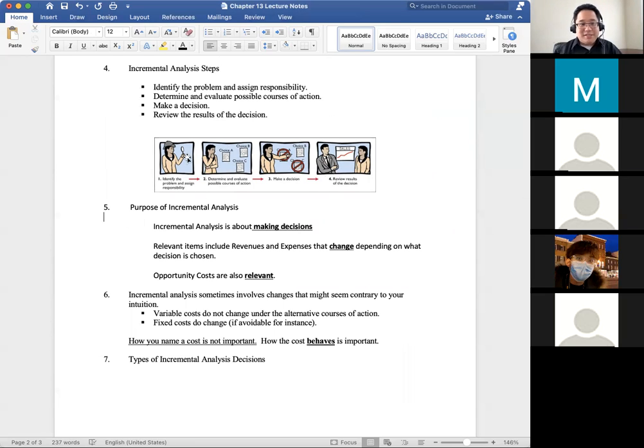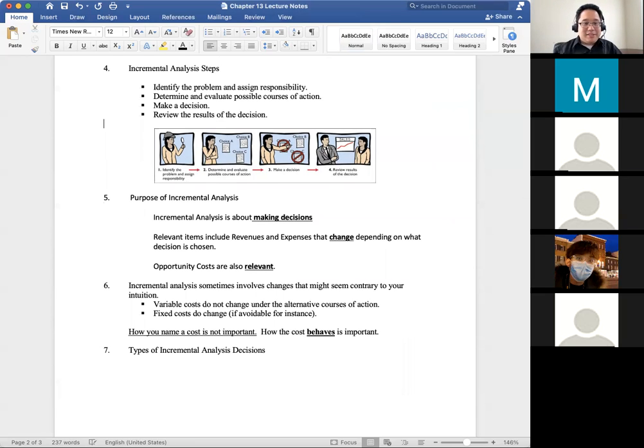Maybe it helps, maybe it doesn't. But incremental analysis means that you identify a problem and assign responsibility. Okay, so for example, we have costs for supplies. You assign responsibility for those costs. You figure out what are some courses of action we can take, right? So maybe we can either make the supplies ourselves or we can go out and buy them from somebody else.